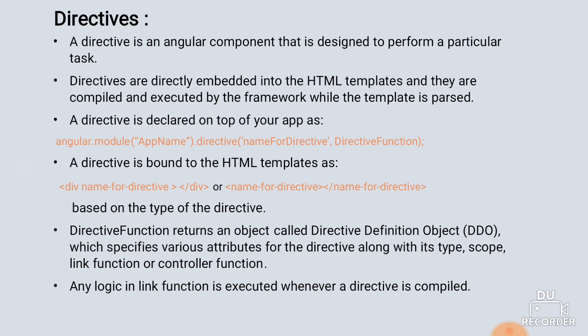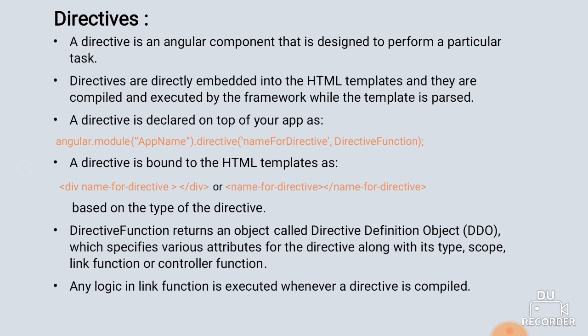Next important thing we need to discuss is directive. We have already seen the use of directives; ng-app and ng-controller were the directives that we have already seen. So what basically is a directive? Directive in Angular is any component which enhances the property of HTML. So basically it's a DOM manipulator.